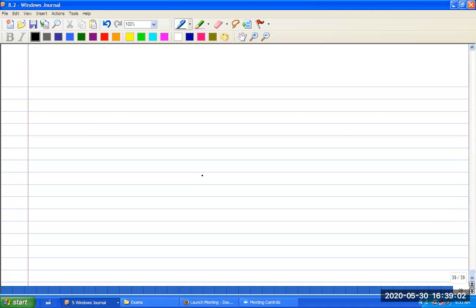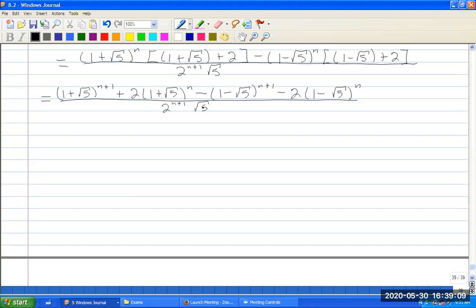And so this is equal to, let's take these first and third terms: (1 plus rad 5) to the n plus 1 minus (1 minus rad 5) to the n plus 1, over 2 to the n plus 1 rad 5, plus this term, which is 2.